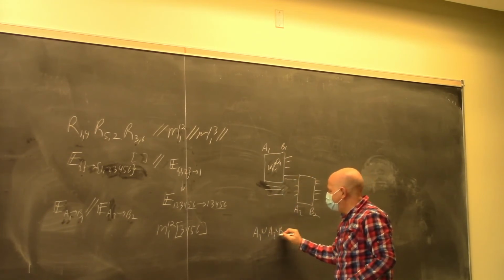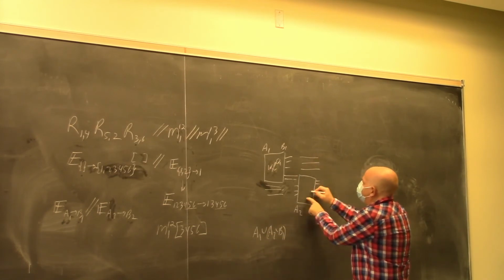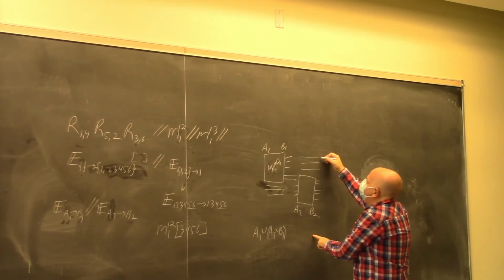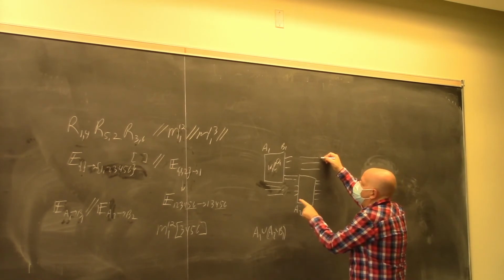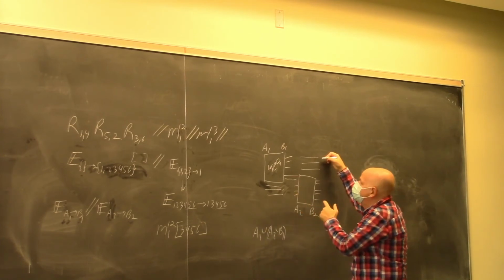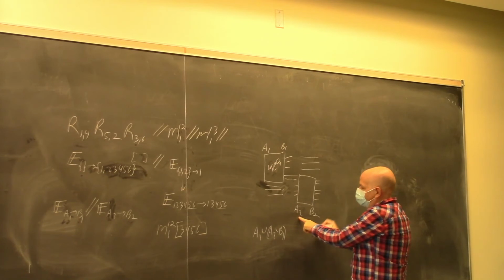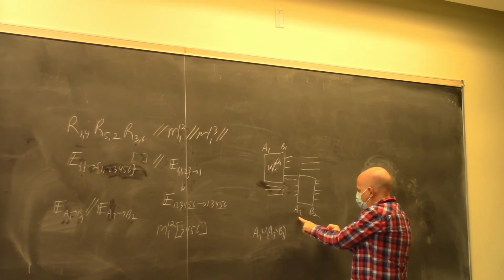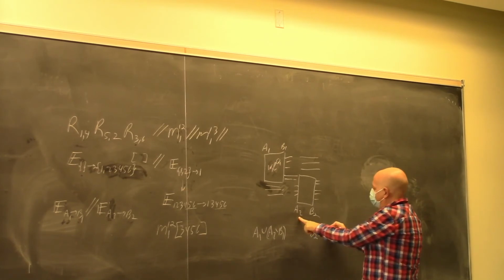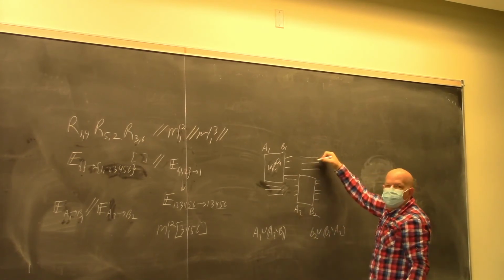And likewise, I extend this one with elements corresponding to B1 minus A2. So now the output will be B2 union B1 minus A2. So these are the identities that I've added.